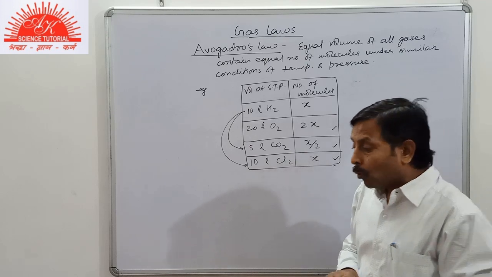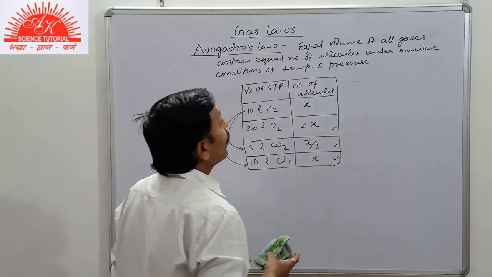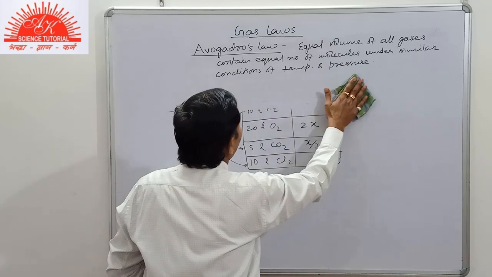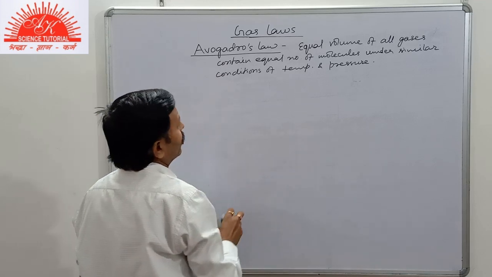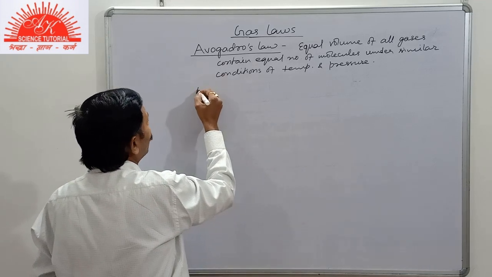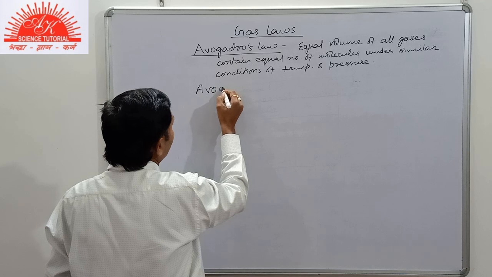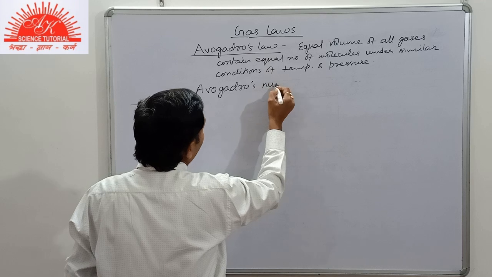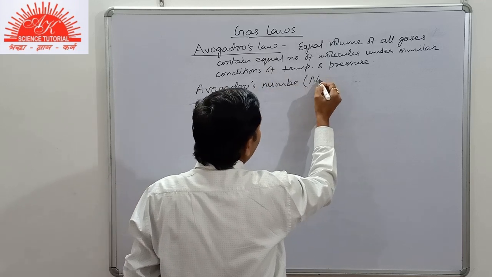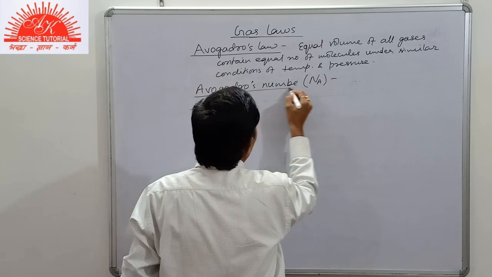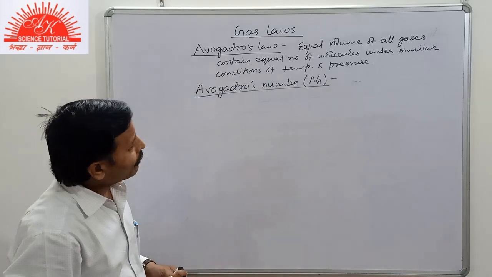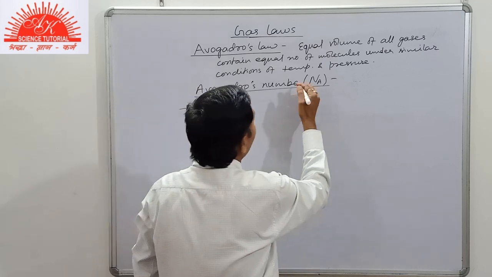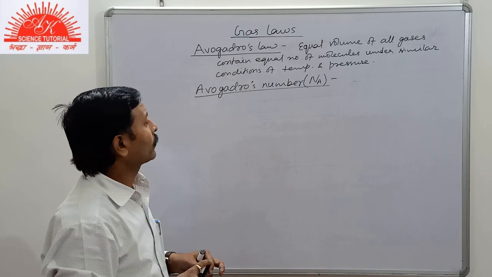Now one thing: since we have used the number of molecules and the volume, there is one more thing about it, that is Avogadro's number. In short, it is written as capital N, subscript capital A. As the name suggests, it is a number, Avogadro's number.